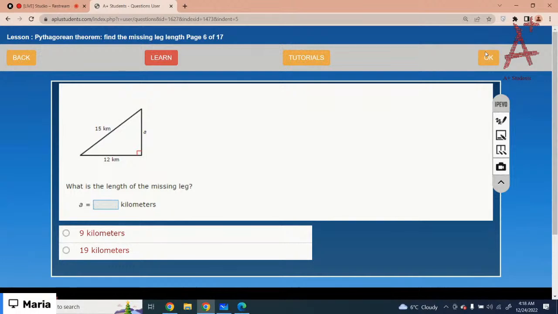What is the length of the missing leg? You have to find the value of a. 15 squared is 225, and minus 12 squared is 144.